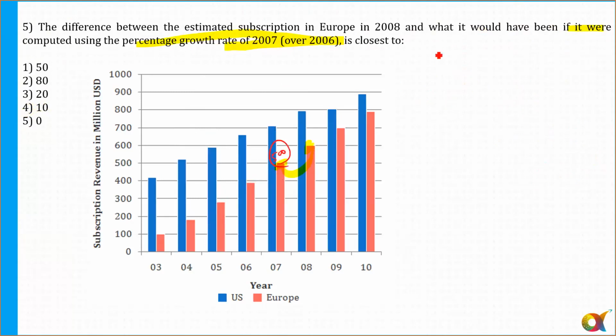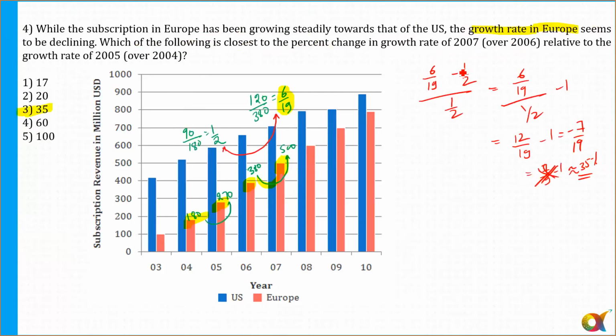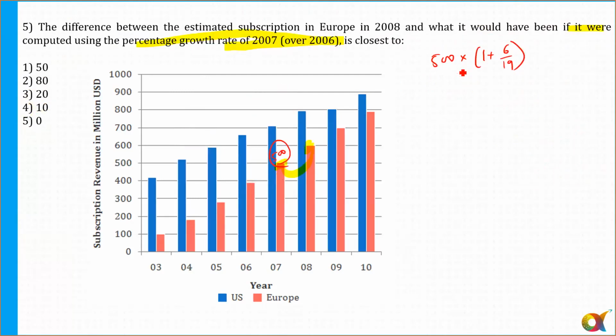That is 500 into (1 + 6/19). Or you can say approximately 30%, because the options are very far away from each other. 6/19 is how much percent? 1/19 is 5.26, so 6 5s are 30, approximately 31.5%.